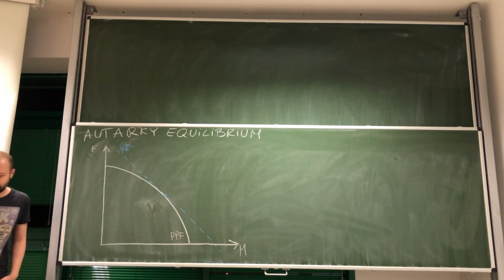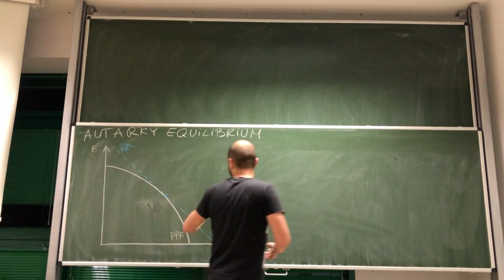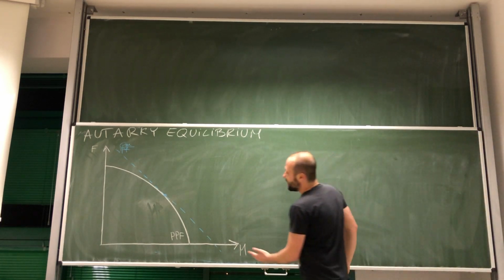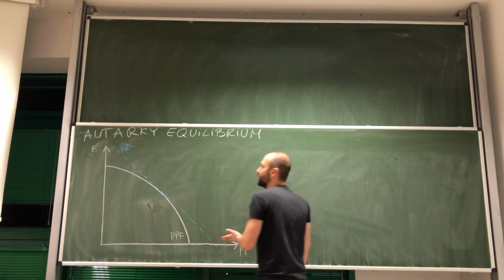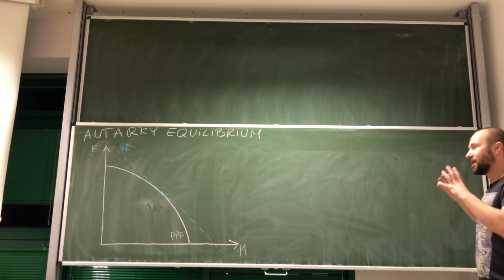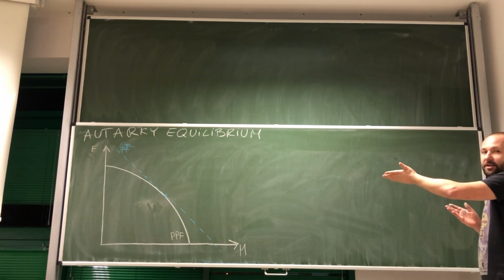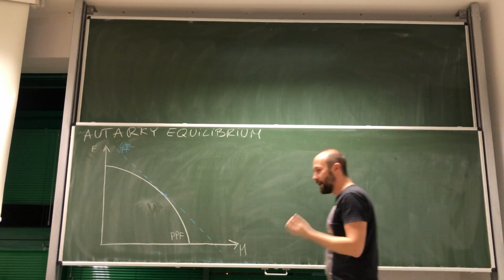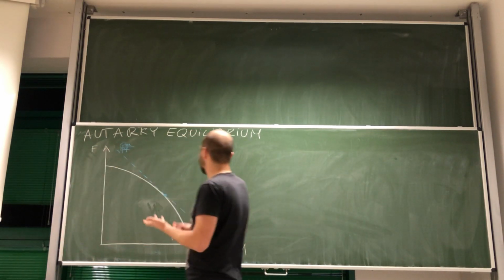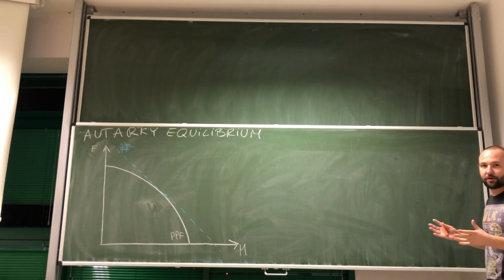But now that we have this point of production, we can go even further, because look, we have this line, and it is also needed to determine at which indifference curve we are.